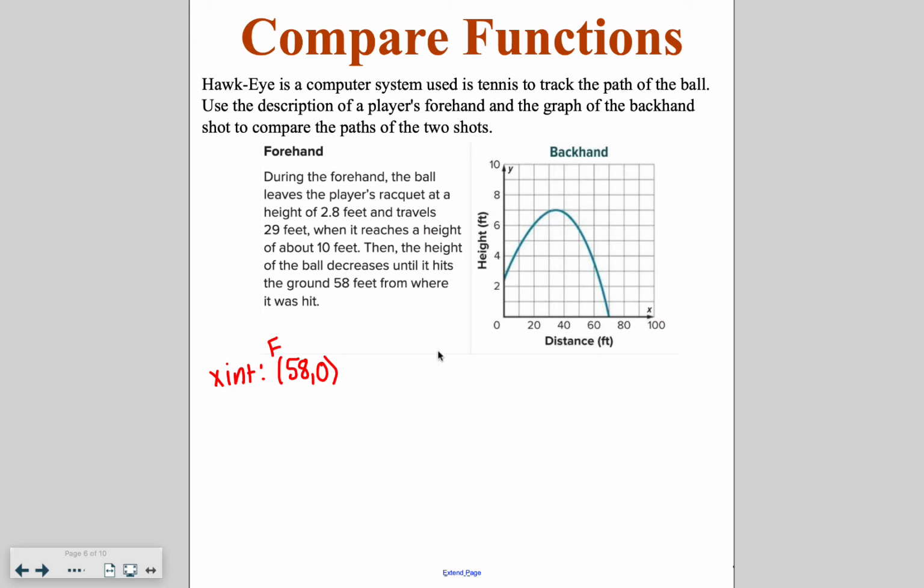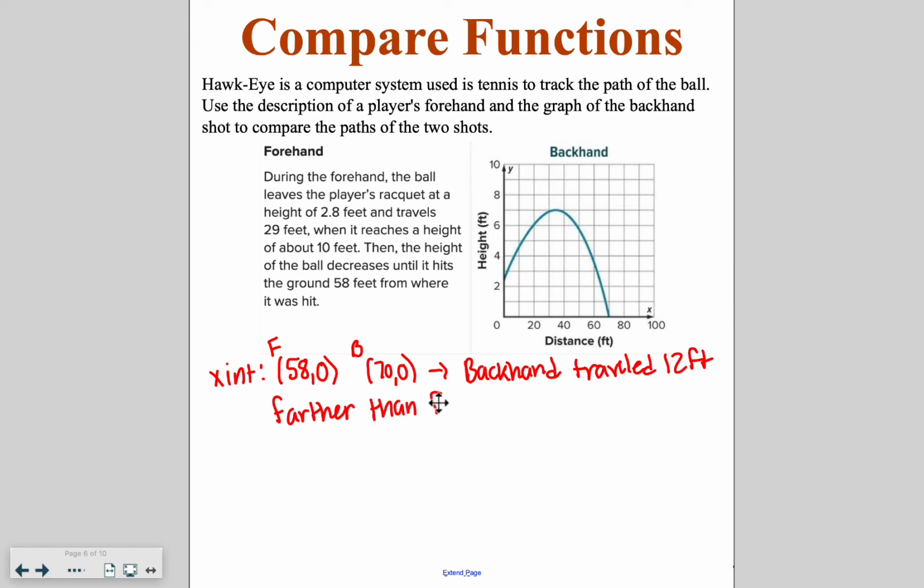Then I come over and look at the backhand, and my x-intercept is going to be at 70, 0. Then I want to make a comparison between the two. So my comparison in this particular one, I'm going to say that the backhand traveled 12 feet further than the forehand.